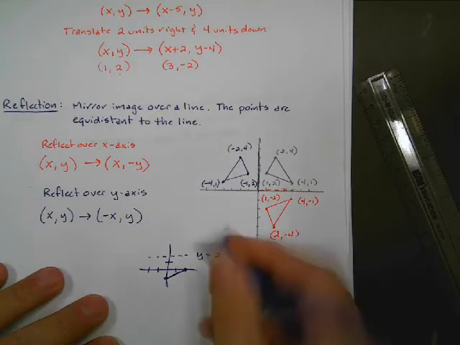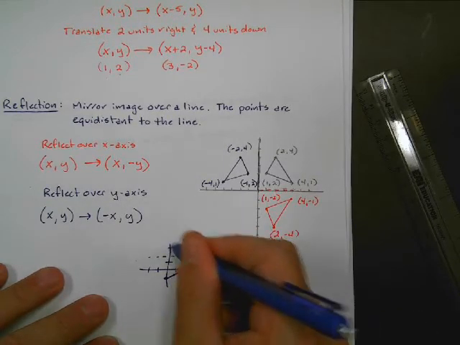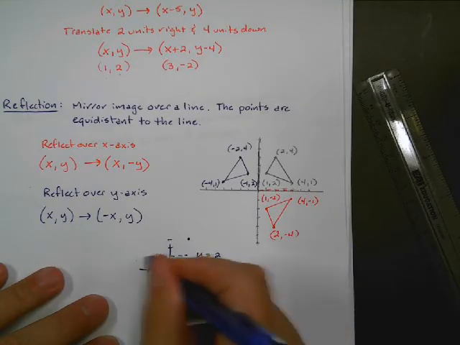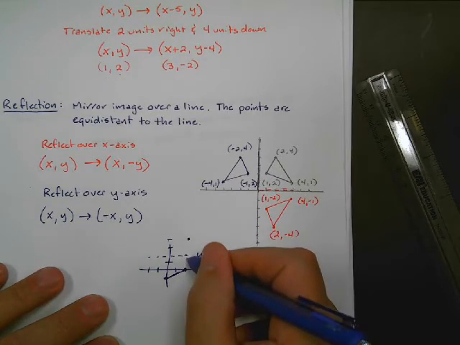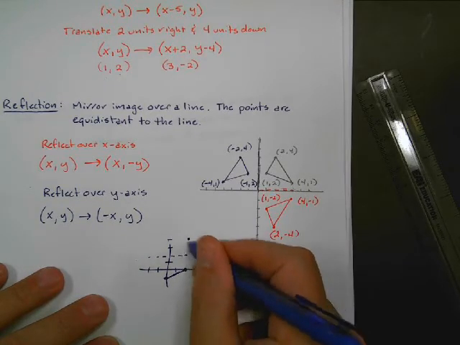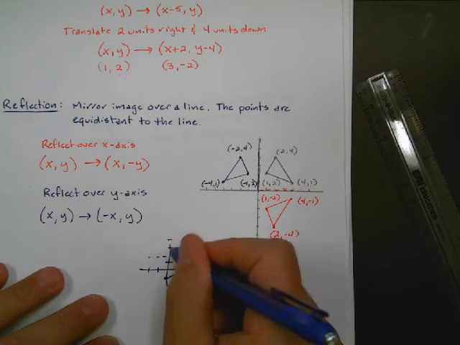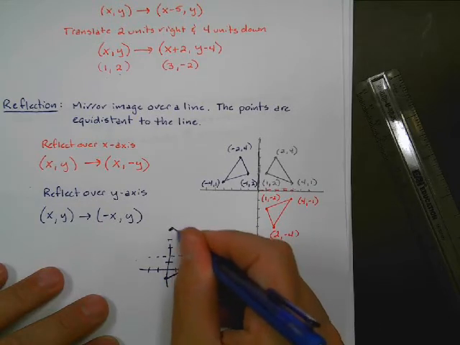So now we would go 1, 2 to get up here. So we would just pretend like this line right here was the x-axis in this case. So I'm still 2 away from that line. And then this one is 1, 2, 3 away, so I'd go 1, 2, 3 away up here, and our other line would be here.